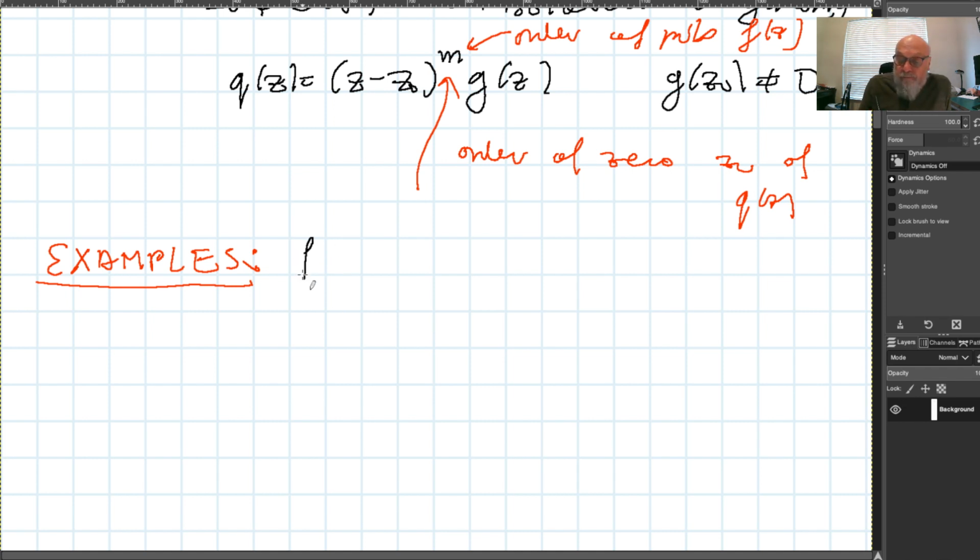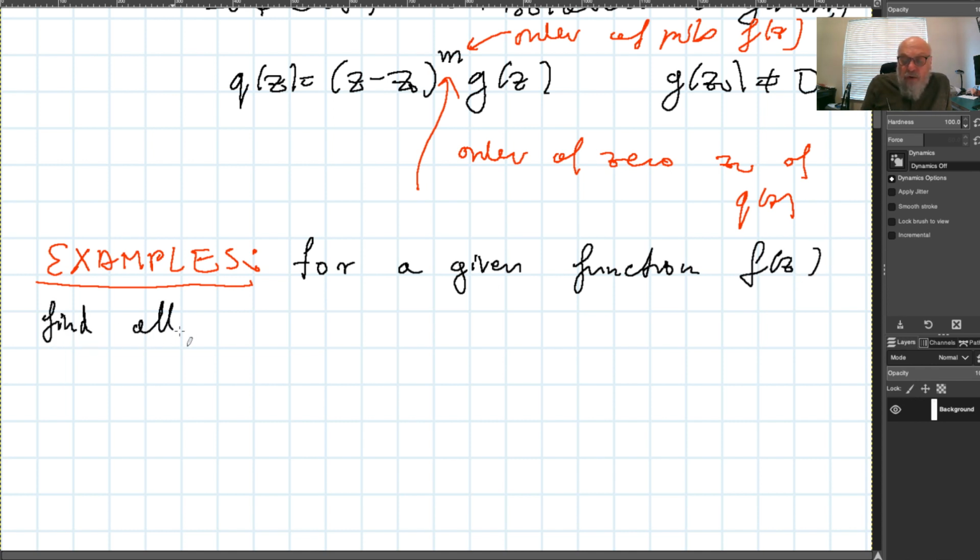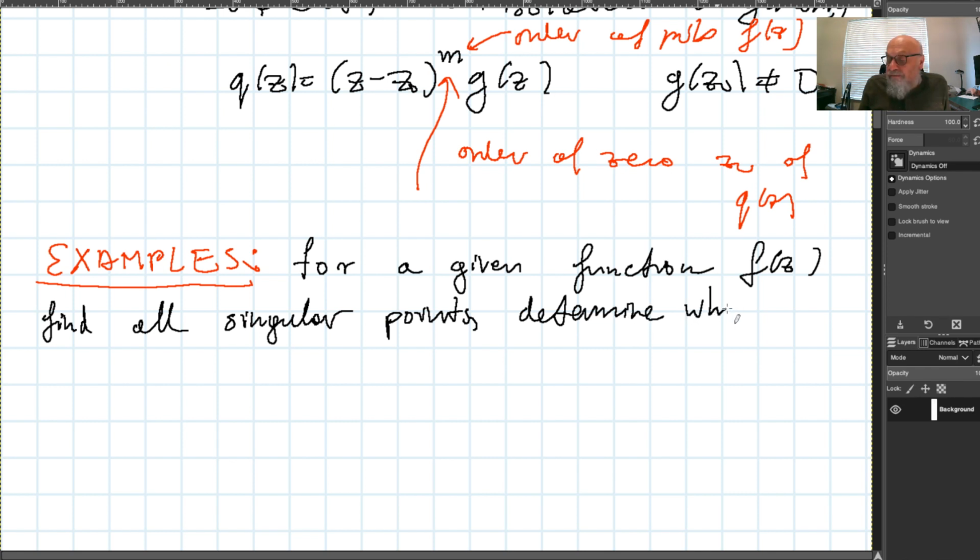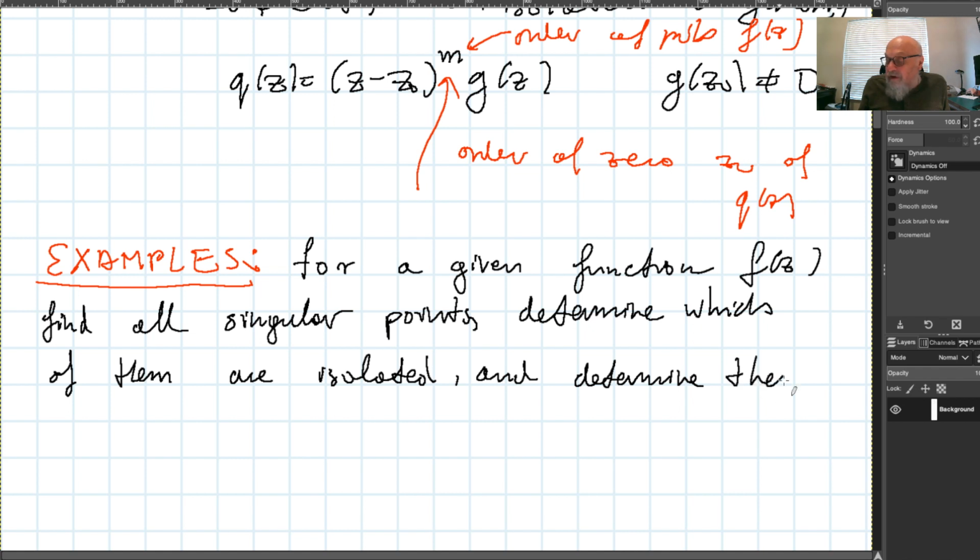For a given function f of z, find all singular points, determine which of them are isolated, and next determine their type.